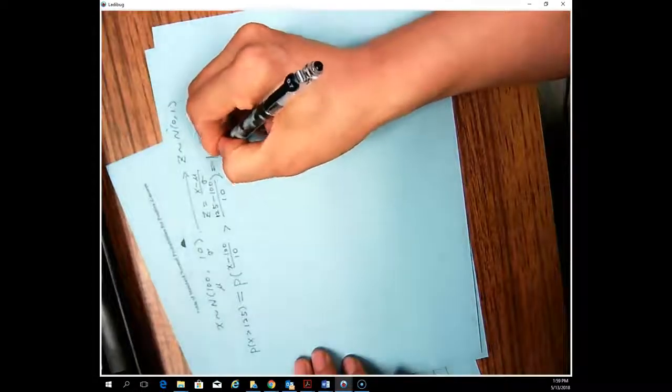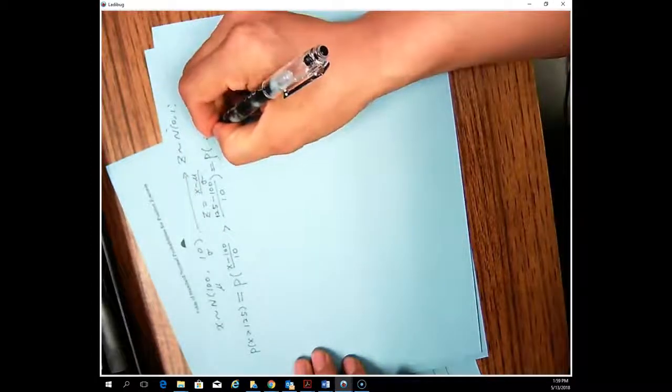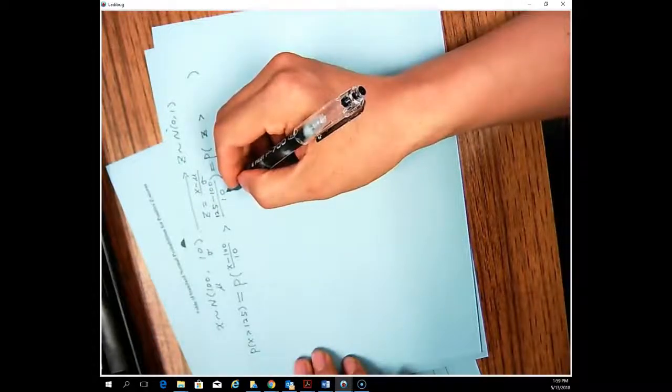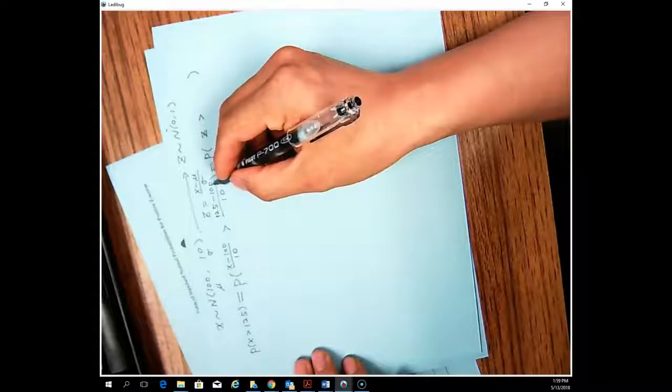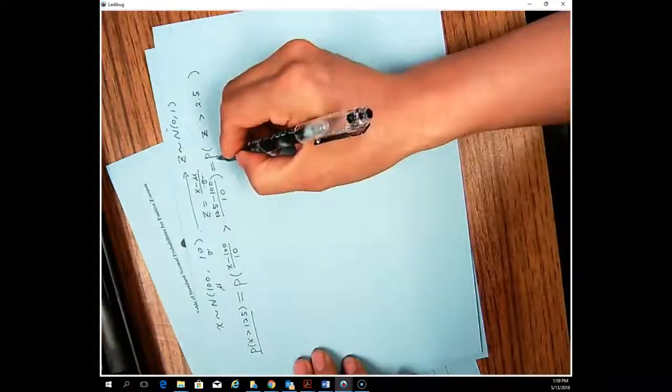So this event is converted into x minus mu divided by sigma, that's z, greater than, and here we can calculate the z-score. 125 minus 100 is 25, divided by 10 is 2.5. So this event is equivalent to this event.